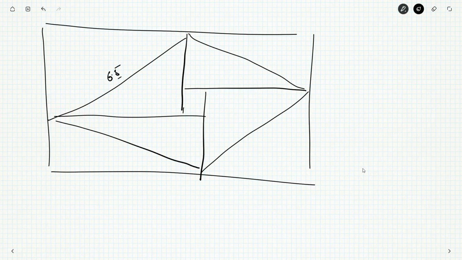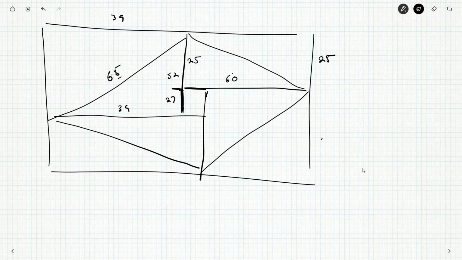So 65, this is 52, this is 39, this is 39, this is 25, this is 60. I was able to figure out that this is 27, this length here. But it doesn't help me because it's not a square, which is a shame.